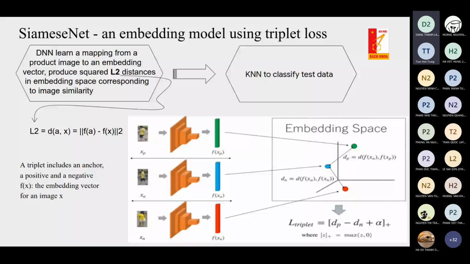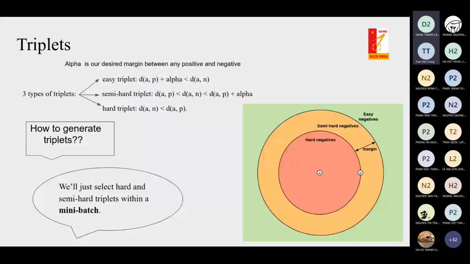Can you move to the next slide? What is the DP in this case, and what is the DN in this case? This is DP, and this is DN.